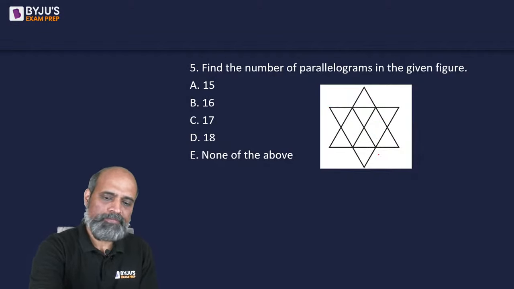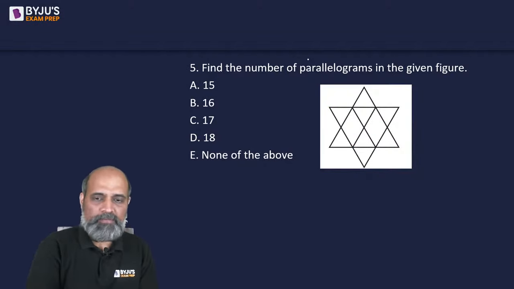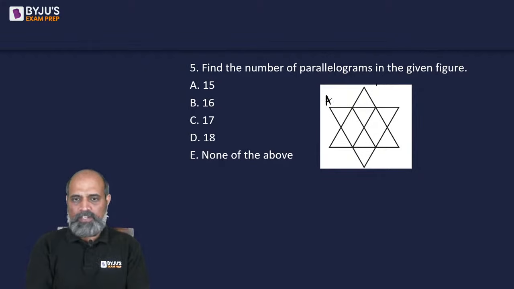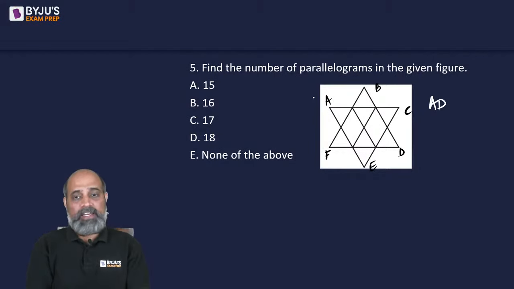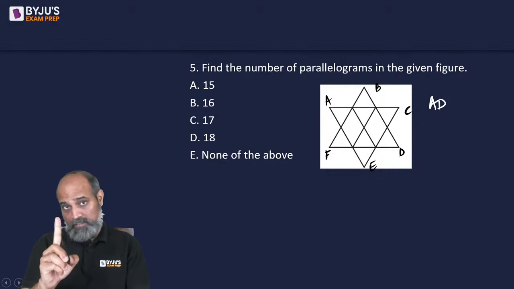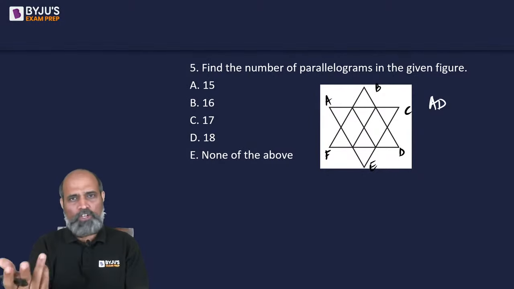How many? So I'm going to name them as vertices A, B, C, D, E, F, so that if I take AD as the diagonal, that's 1. जैसे ही AD diagonal बोला तो there is going to be one and only one parallelogram, right?